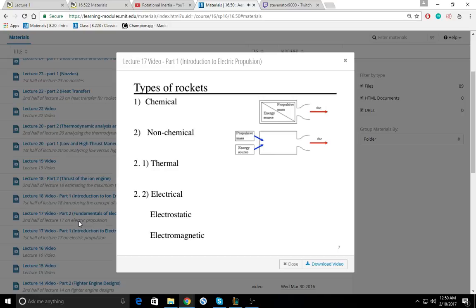First, we have chemical rockets. And chemical rockets are primarily classified this way because the energy source available to accelerate the propellant out of the system comes from the propellant itself. So the energy source, or the power available, and the propulsive mass are fully coupled, because this comes from combustion reactions.